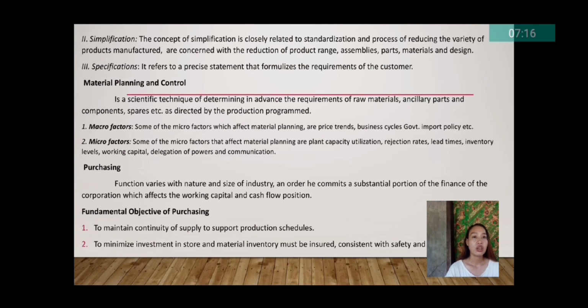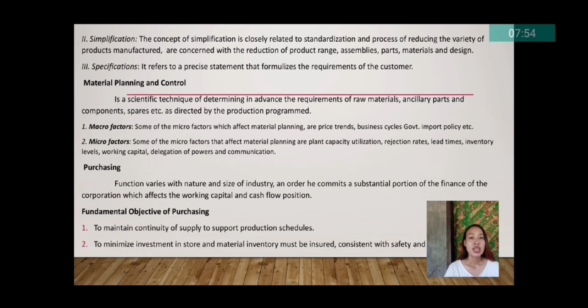Some of the macro factors which affect planning are price trends, business cycle, government import policy, etc. Yung macro factor, it is the effect on materials planning, yung pagplan nila sang price or sang pagtrending ng isa ka business o sa business cycle, na kailangan pala mag-under ng mga government policy, yung pag-import ng mga document, basta mga policies na kailangan import.